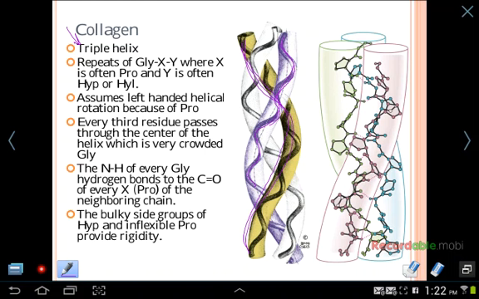So the collagen is made up of triplet repeats of glycine-X-Y, where X is often proline and Y is often a modified proline or lysine. This modification can only occur with the help of vitamin C. So this reaction is dependent on vitamin C.